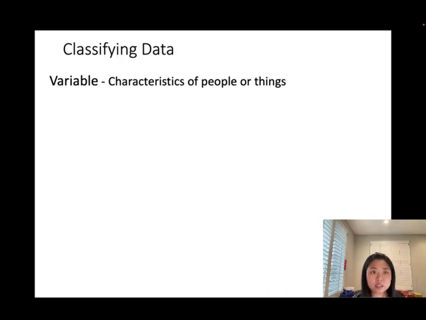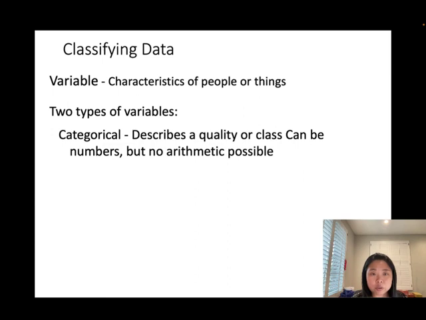Okay, classifying data. A variable is a characteristic of the people or things. We have two types of variable. This part, make sure you guys understand. Categorical describes a quality or class. It can be numbers, but no arithmetic principle. Just think about it, it consists of names or labels.